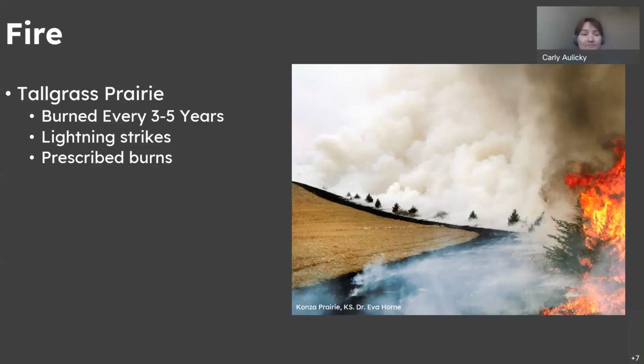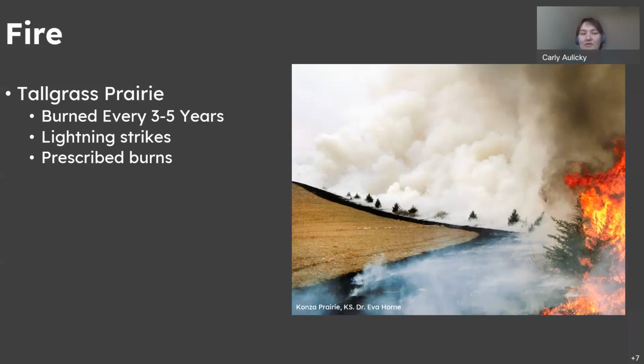What's also really interesting about prairies as a system is they're relatively young. We're talking about 10,000 to 8,000 years old. So they actually aged in pace with a lot of the indigenous communities in North America. So prescribed burns and prescribed management of prairies with fire is almost as old, if not as old, as the prairies themselves.